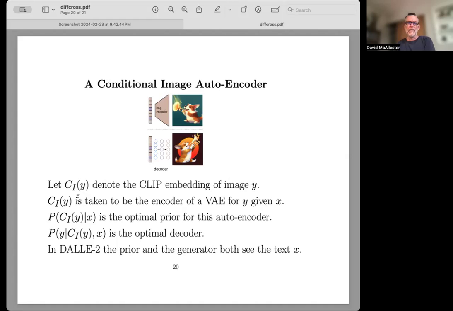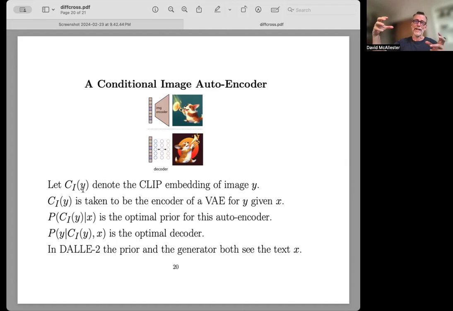And we're going to take an image and construct a kind of VAE, a variational autoencoder. There's a lot going on in this course, so it's hard to remember what these things are. A variational autoencoder takes something and encodes it in some latent variable. It's an autoencoder, so it has an encoder that encodes it into some latent variable, and then it can decode it back into the original.